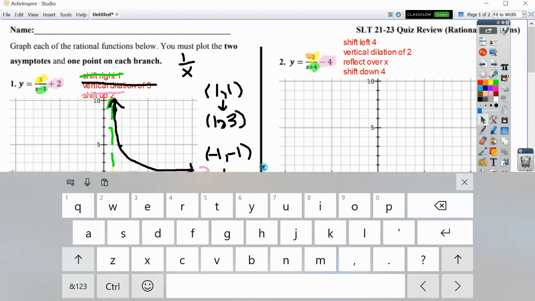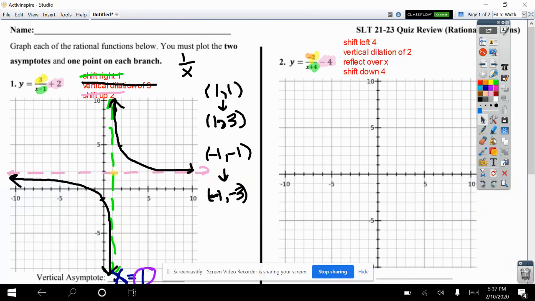All right, so I'm going to now go to my asymptotes. I'll start with the vertical asymptote. The vertical asymptote gets moved by the horizontal shift, which is at the top, the shift left 4. So if I shift left 4, my original asymptote's at 0, my new one's going to be at negative 4.